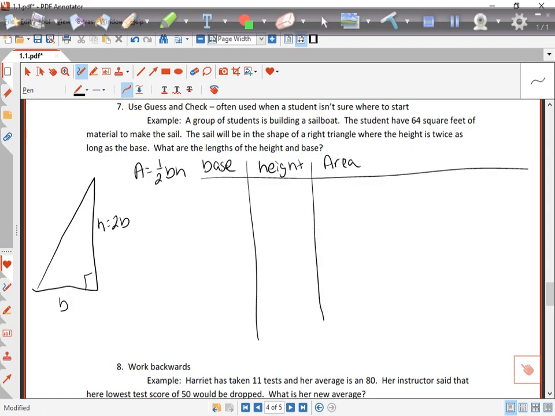I'm going to start with 5. Let's say the base is 5 feet. Then the height is supposed to be twice as long, so that'll be 10 feet. Plugging into the formula, 1/2 base times height, I get 25 square feet, which we want to be 64 square feet, so that is too small.